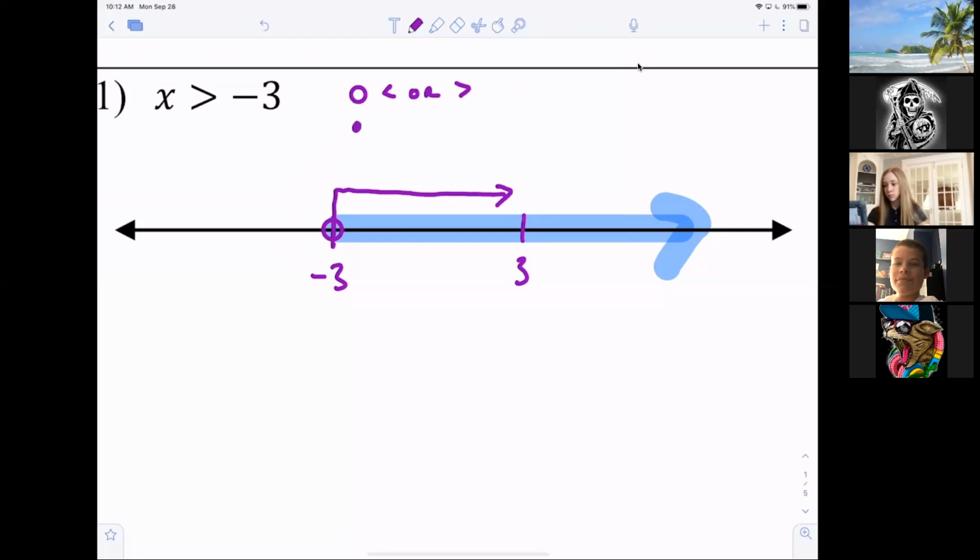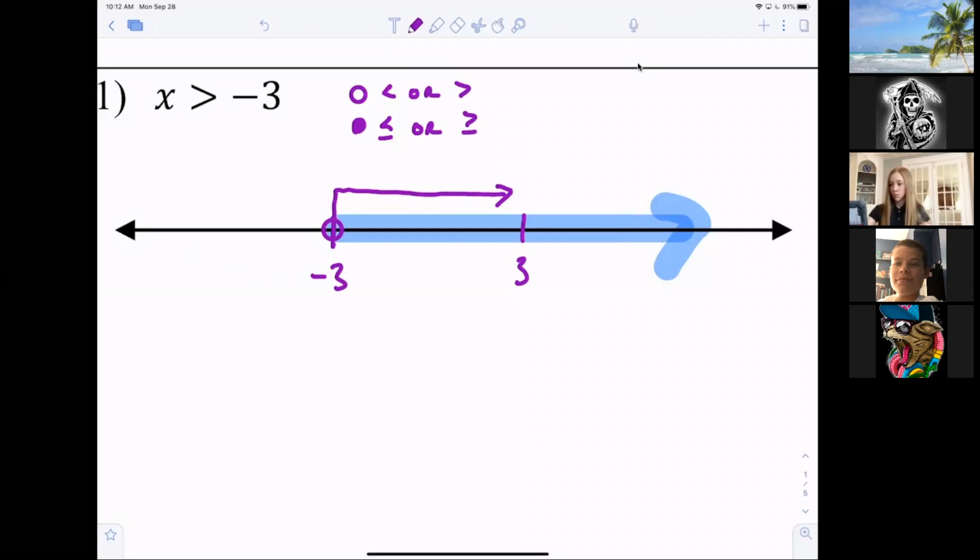It is a solid dot if you are less than or equal to or greater than or equal to. So those are the notes you should have down. I don't understand why people have trouble with that, because equal means including that point. So that's why it is a solid dot.